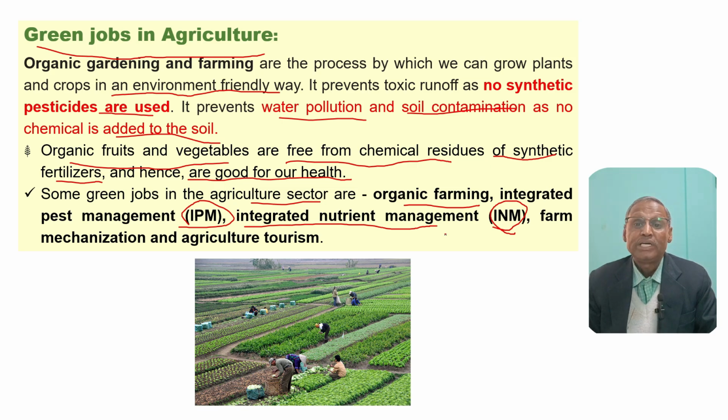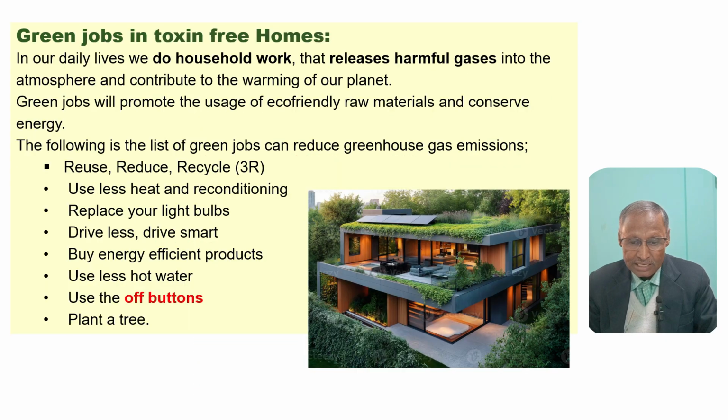In this method, we use different kinds of natural fertilizers like biofertilizers, vermicompost, compost, organic manure, etc. Then farm mechanization and agricultural tourism. Agricultural tourism is also known as ecotourism or green tourism or agrotourism. This image shows the different agricultural activities or green jobs going on in an agricultural farm.